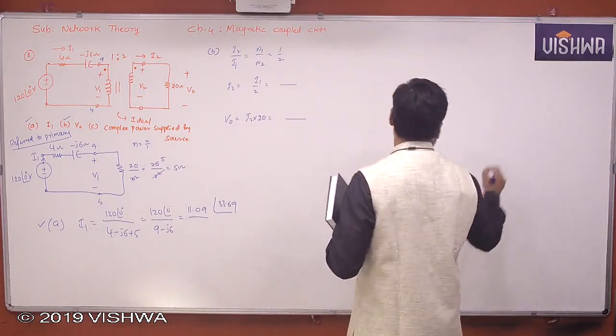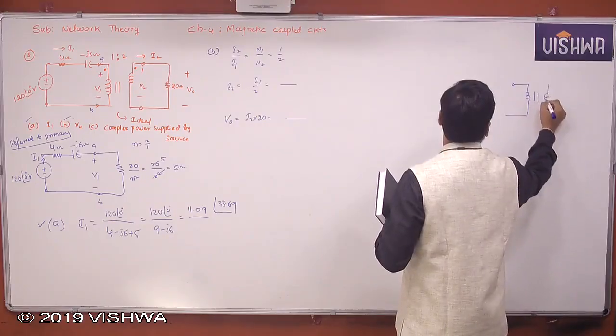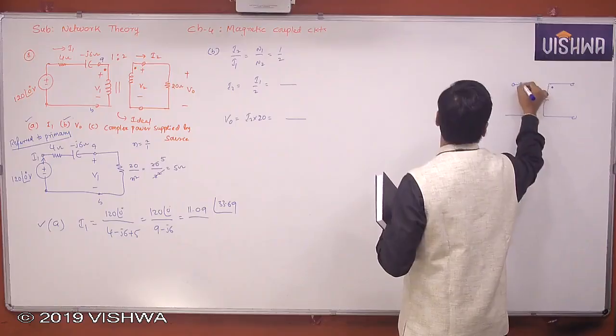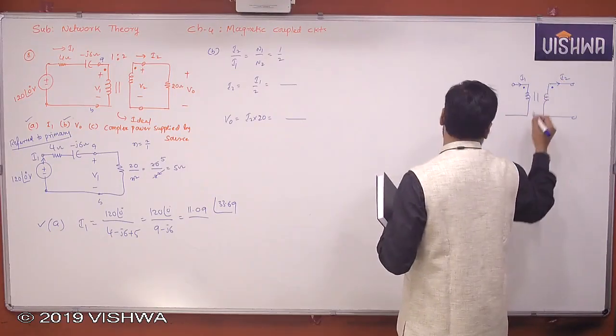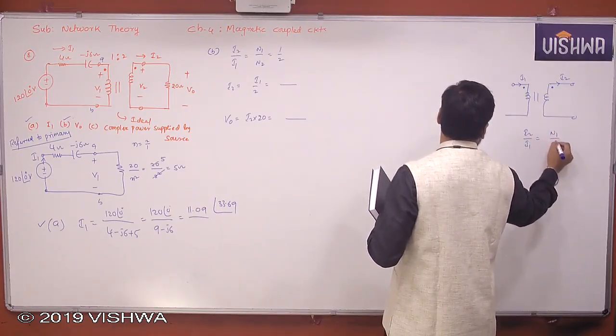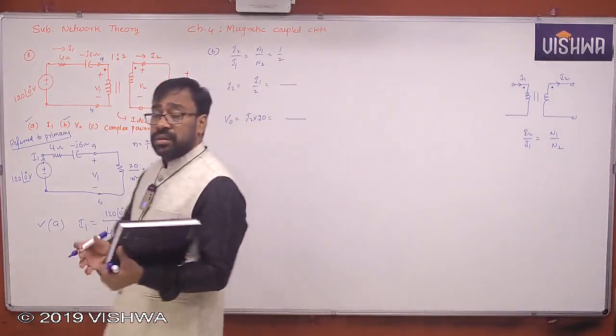We know the ideal transformer case. When this is the dot, this is the dot. When I1 and I2 are something like this, you use I2 by I1 is equal to N1 by N2 or minus N1 by N2. Which one are you supposed to apply?